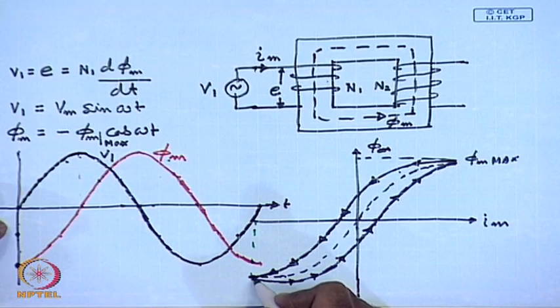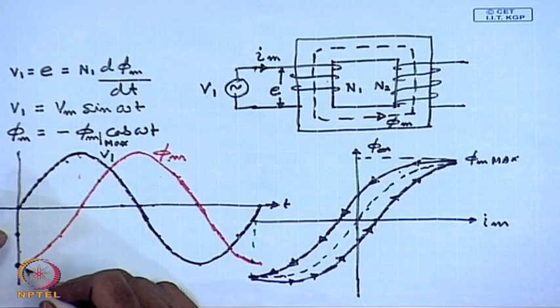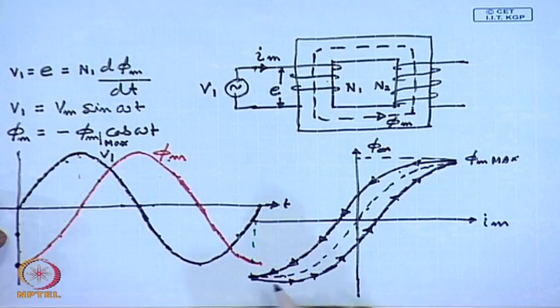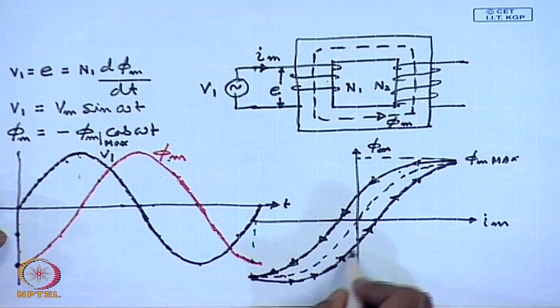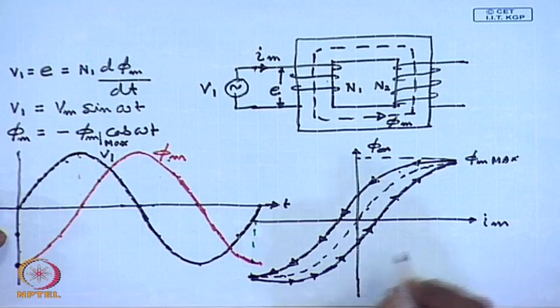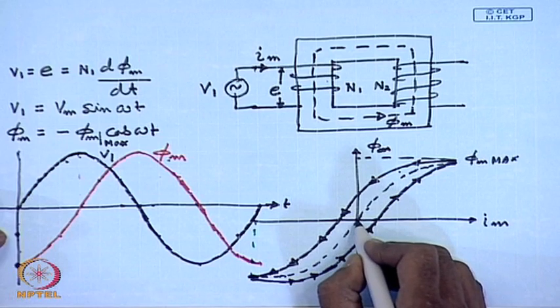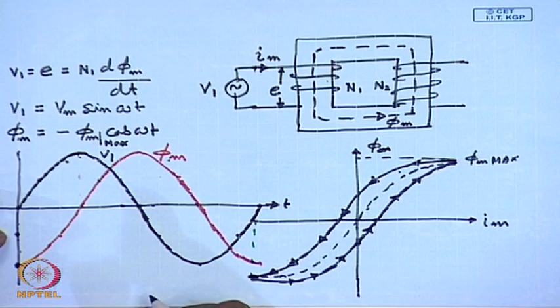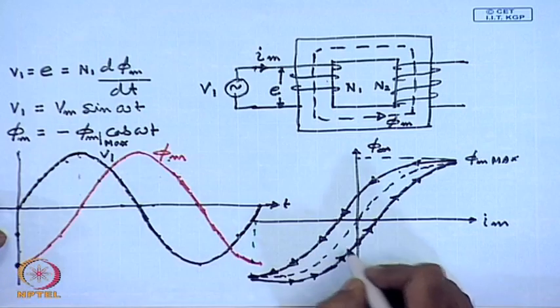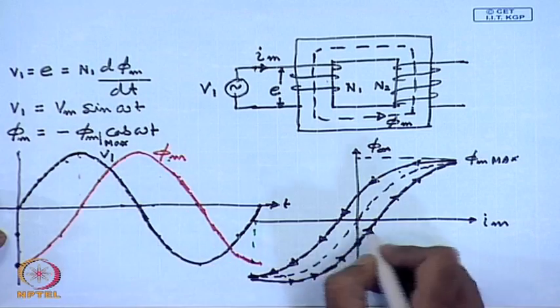Now, as the flux increases and goes from negative to positive, the flux follows this path of hysteresis. Hence, when the magnetization current is 0, there is still some negative flux in the core, although small.